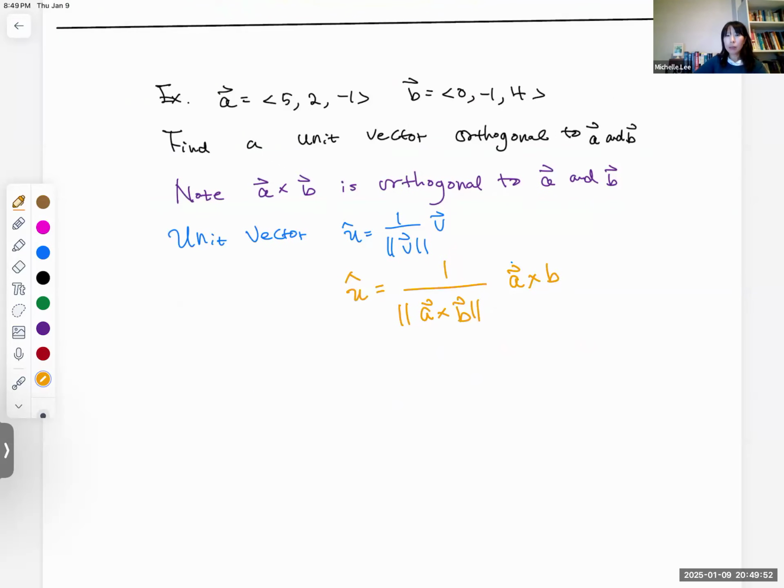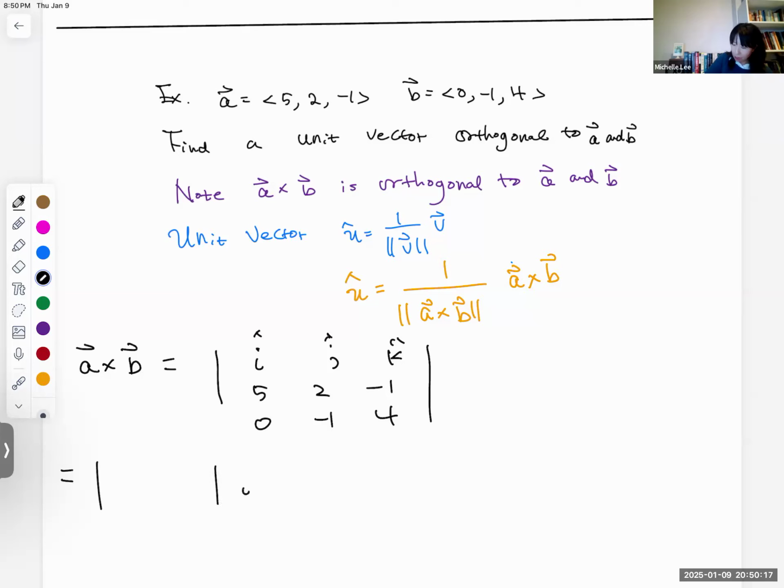We want to find the cross product first. A cross product of B, which is I, J, K, and we have 5, 2, -1, 0, -1, 4.